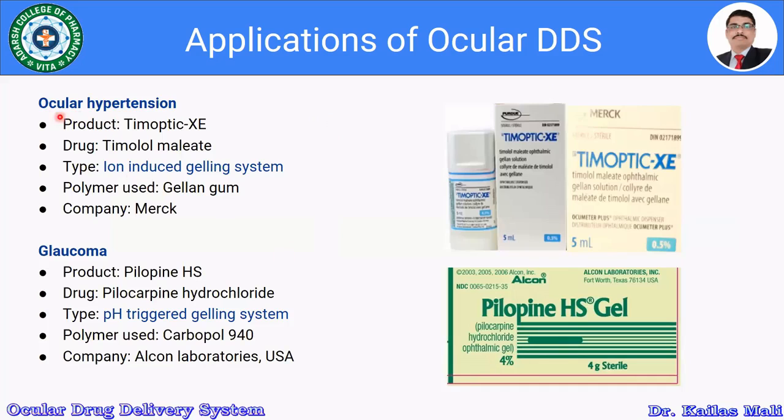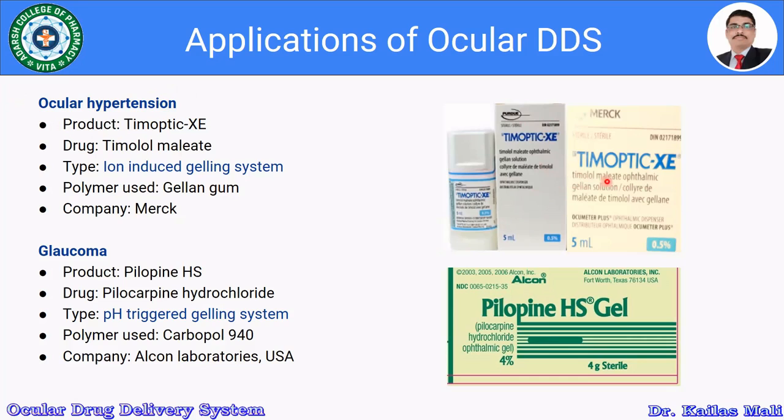The very first one, which is used for ocular hypertension, or you can say glaucoma, is the product Timoptic XE. This product contains timolol maleate.